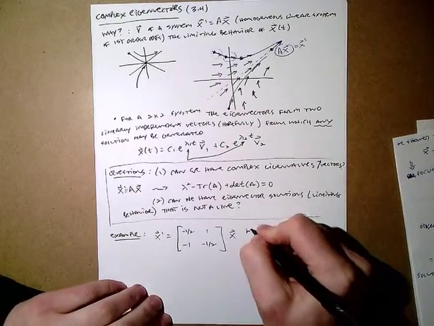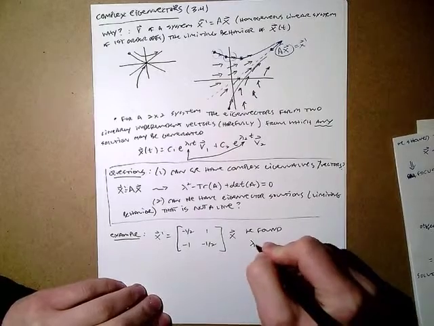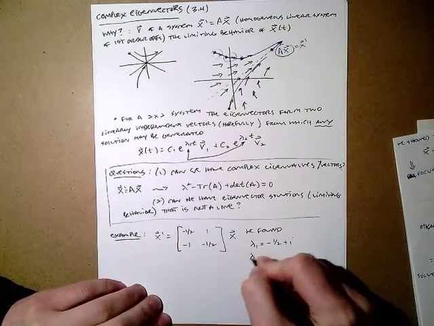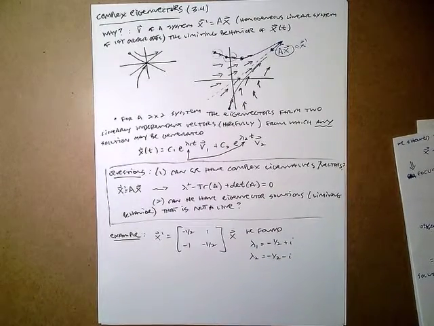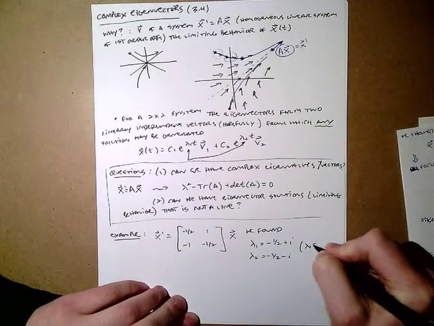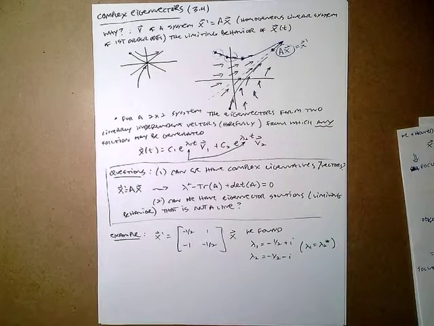We found that the eigenvalues, lambda 1 was minus 1/2 plus i, and lambda 2 was minus 1/2 minus i. Just an observation here, lambda 1 is the complex conjugate of lambda 2 and vice versa.